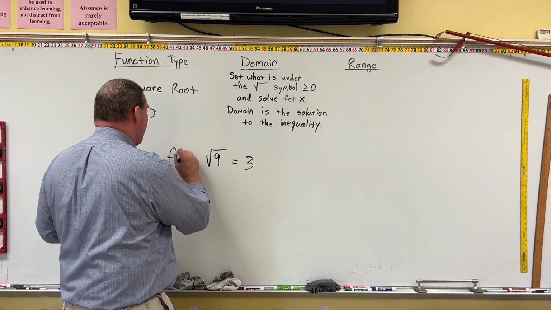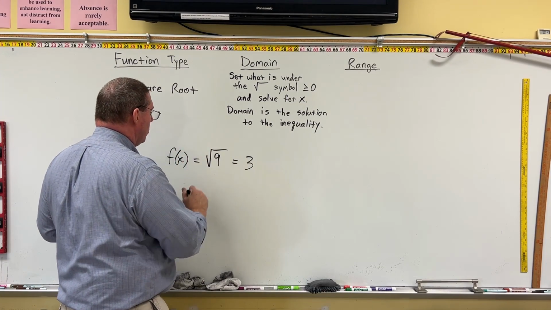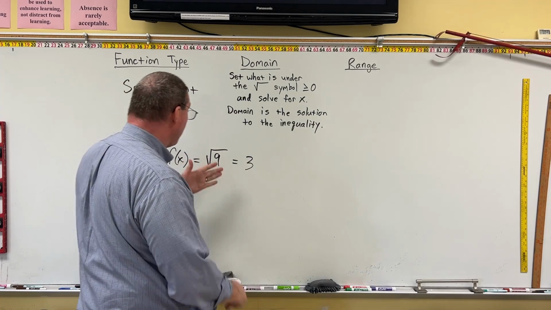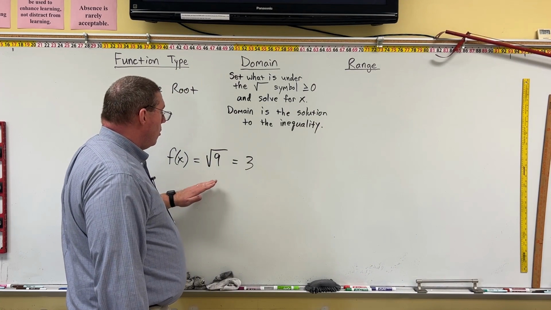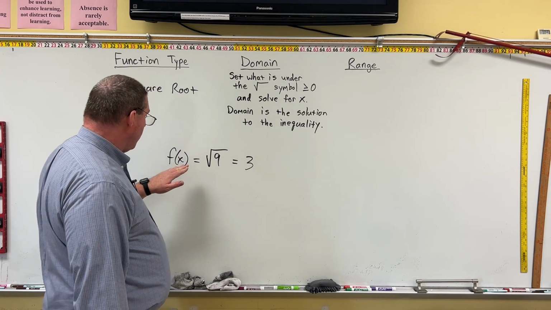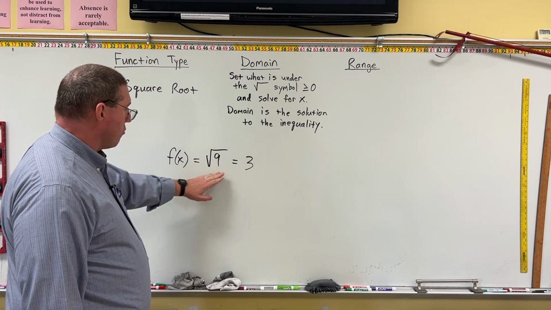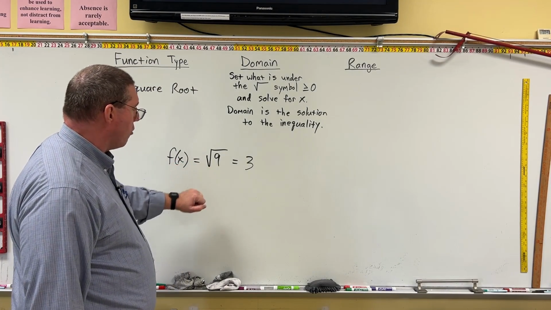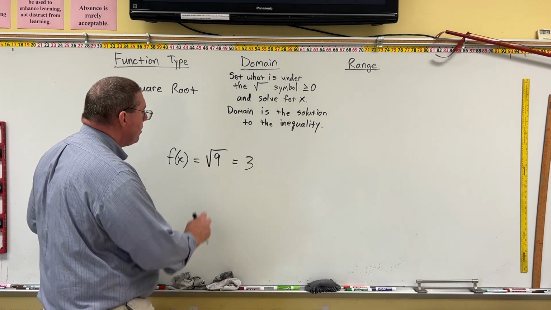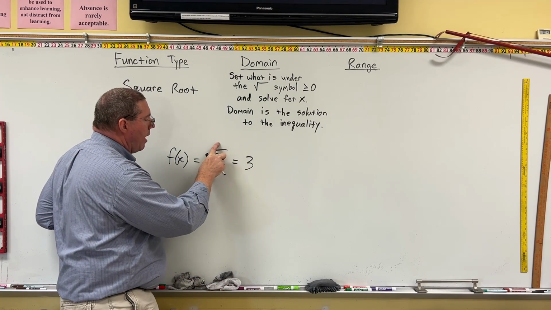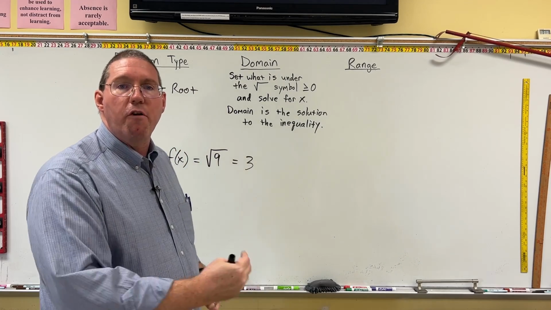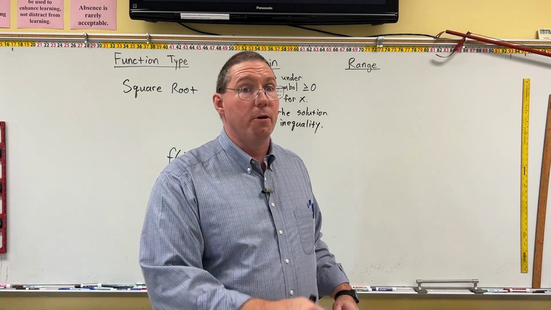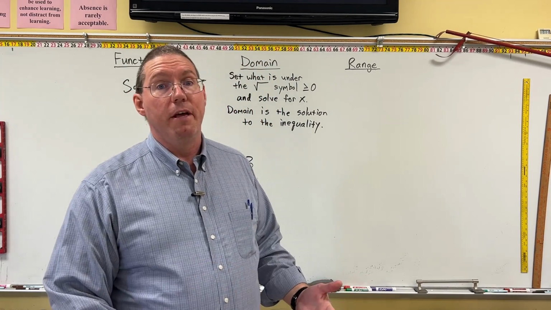If we said f of x was equal to the square root of 9, whatever the input is, the answer is the square root of 9. But because this can be 3 or negative 3, this function would have 2 outputs for every input, and then it wouldn't be a function.